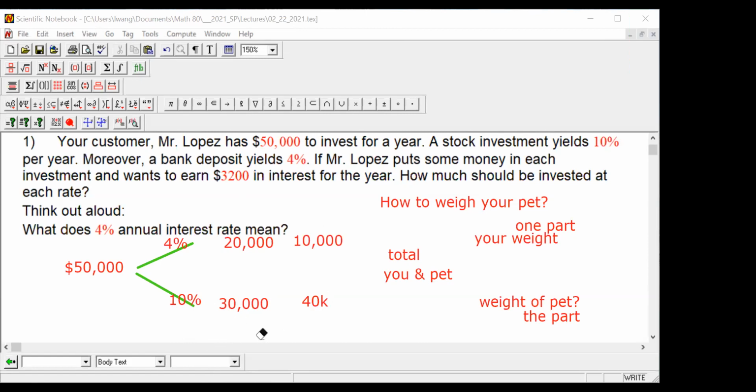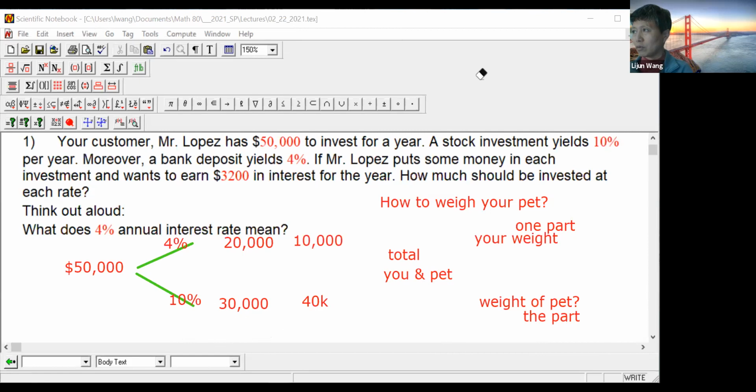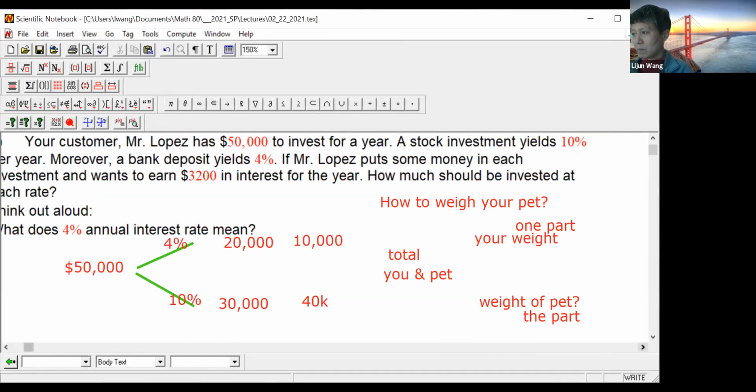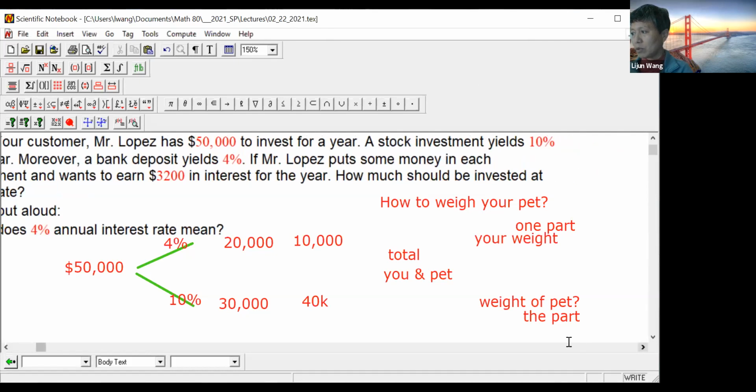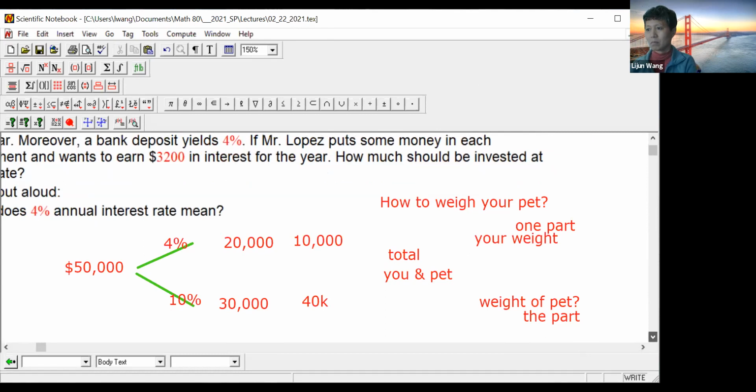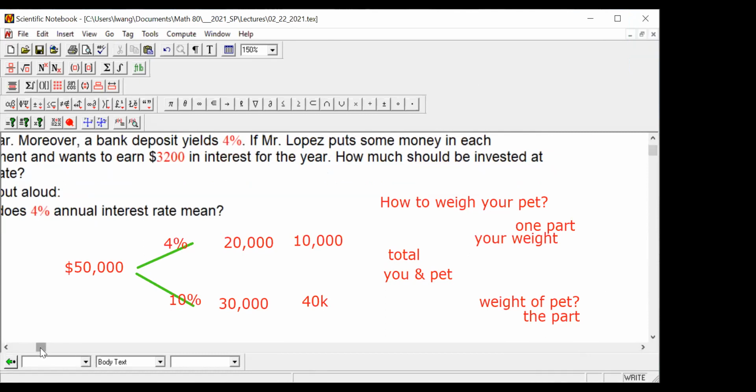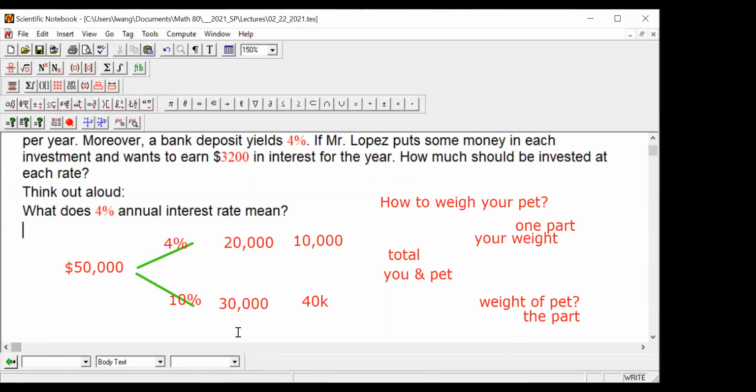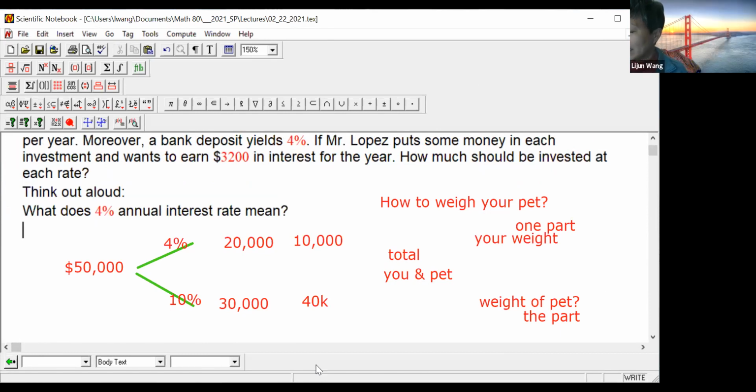Okay, so what's the formula to get the weight of your pet? Oh, so is it 50,000 and X?